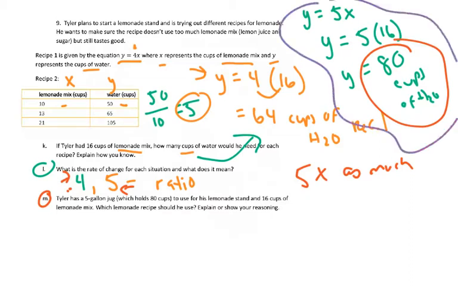And when I look back at that, I see that we used 16 cups of lemonade mix in that. 16, 80. That's pretty perfect. Therefore, since it comes out so perfectly and gives us exactly what we wanted, I would have to say he should go with recipe 2. It will work out perfectly.